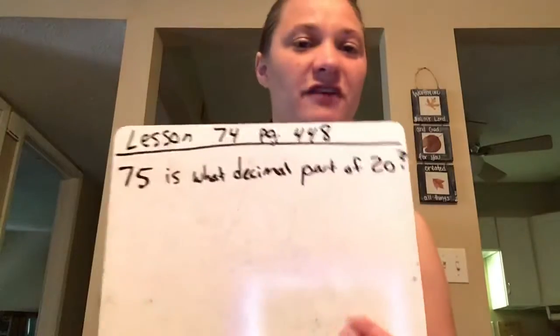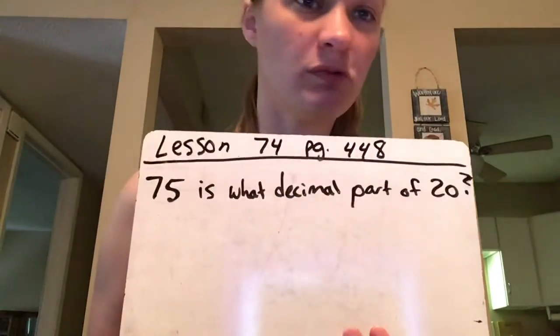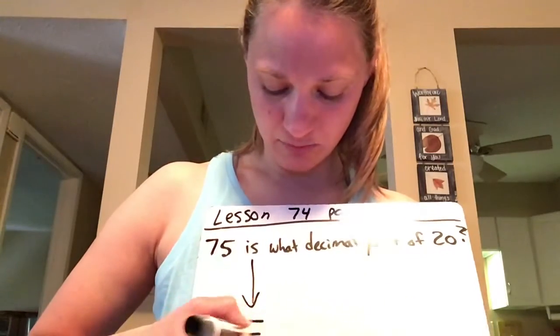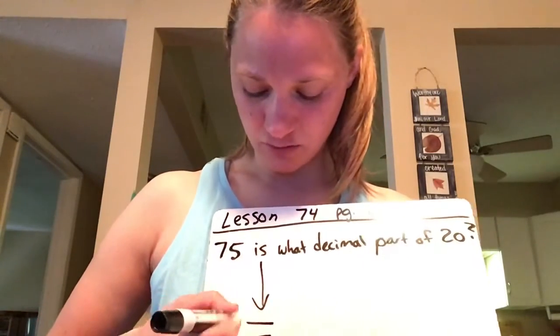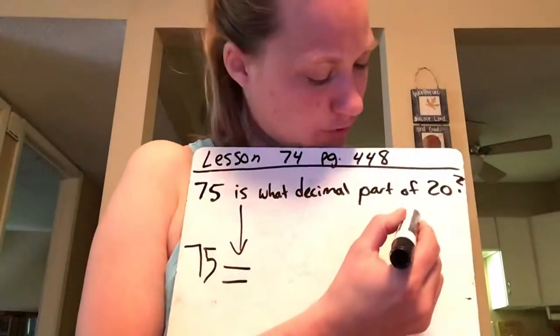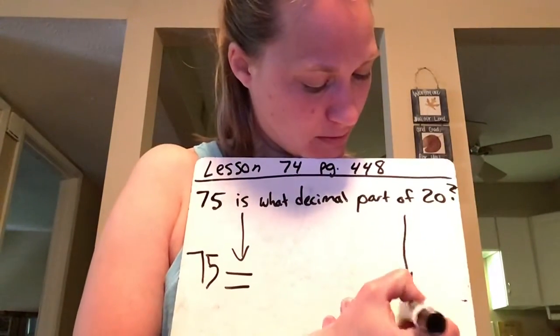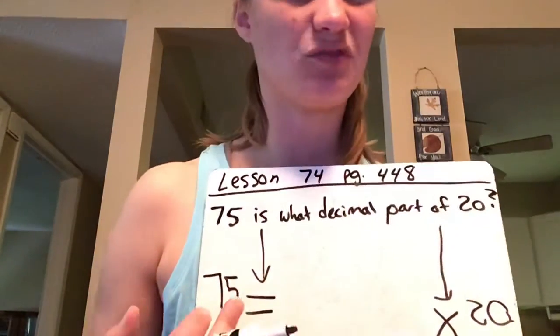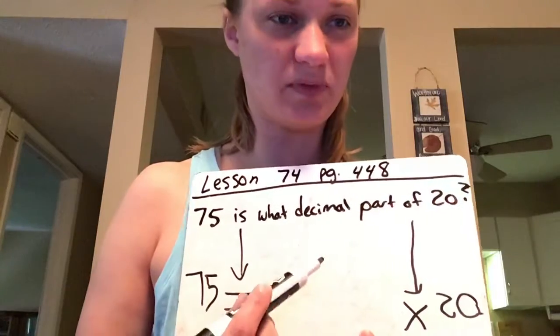I rewrote 75 as a number, which we're going to do when we create our equation anyway. Okay, is becomes equals, that 75 can go right down. And then the of is over here, and 20. And this is the missing part. I don't need to leave so much space. I just do because I like to draw it completely down.